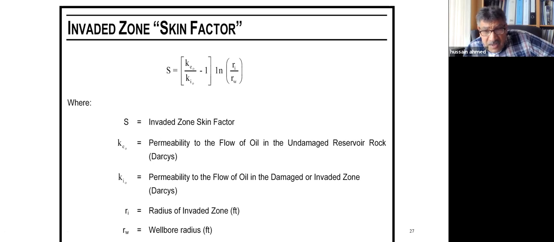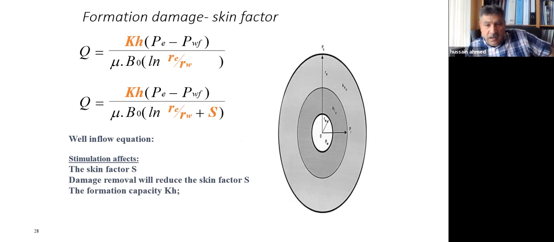So I'm going to choose some examples. I'm not training you here, I'm just giving you a flavor of what the course could do, and also you will understand the way I talk and the way I explain things. How we add a skin factor within the Darcy equation later on, and the impact of that onto the flow rate.